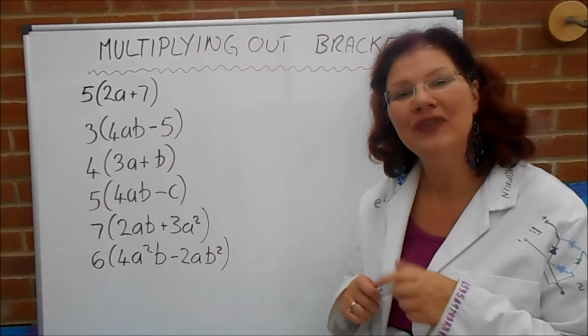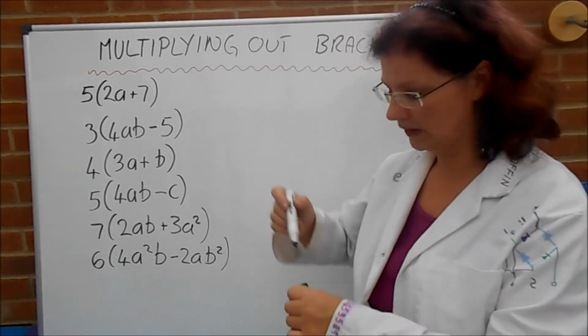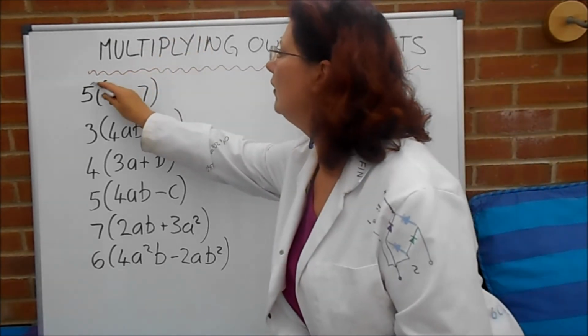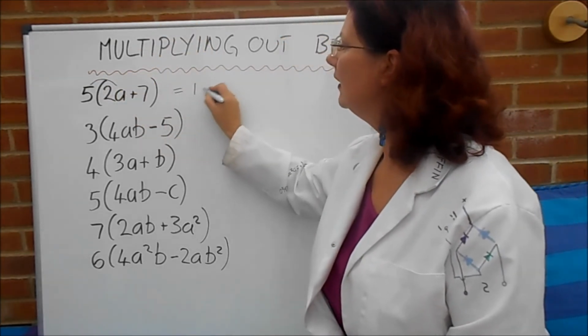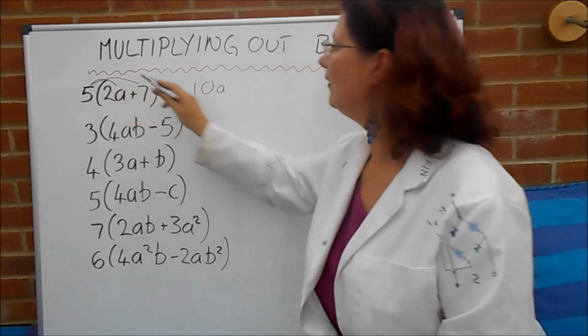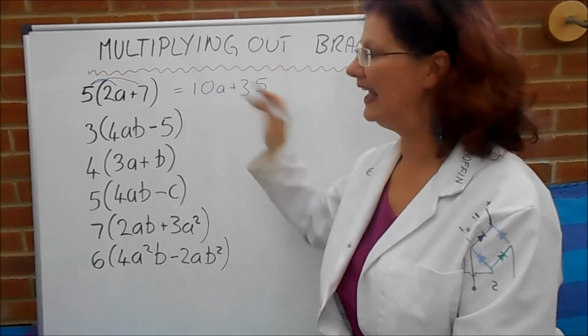Welcome back. Hopefully these are the answers you got. For the first one, dead easy. I'm going to do that in a different colour. Blue. 5 lots of 2A gives you 10A. 5 lots of 7, 35, and they're added.